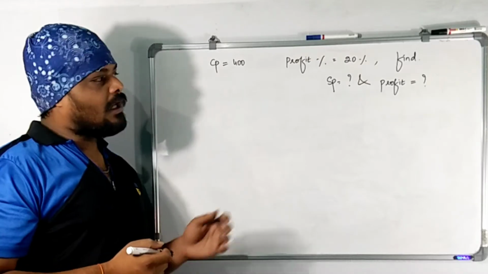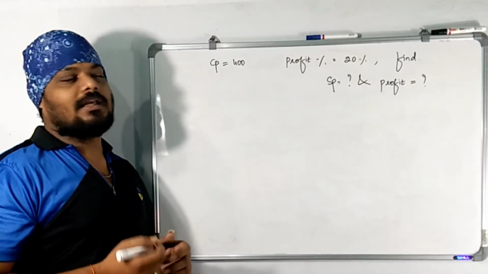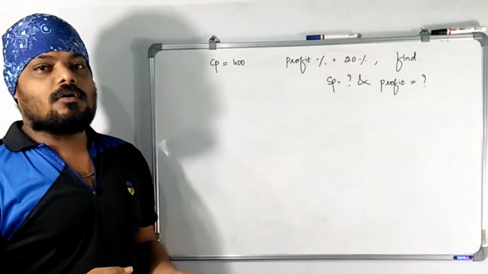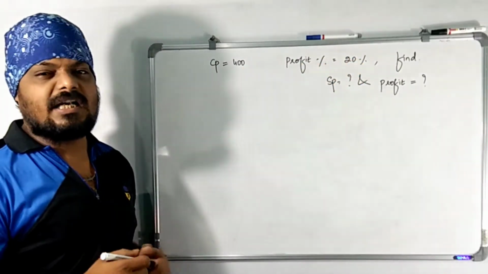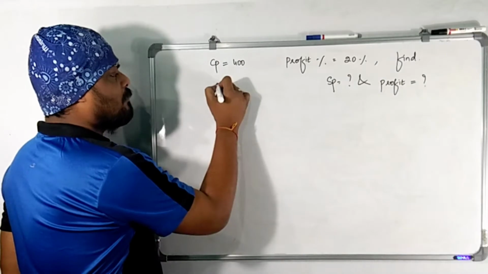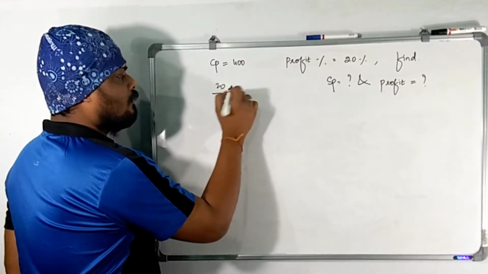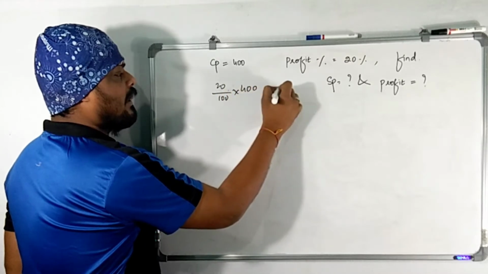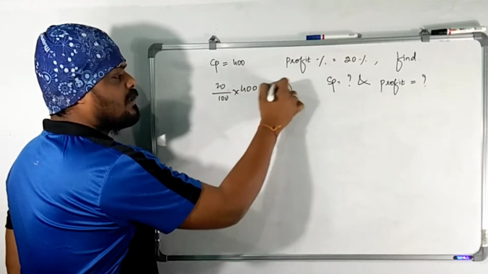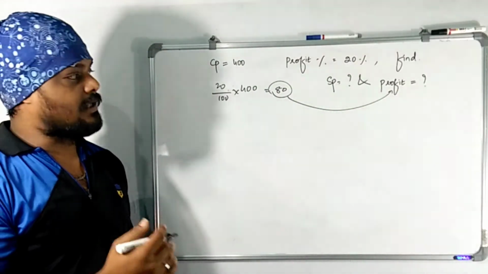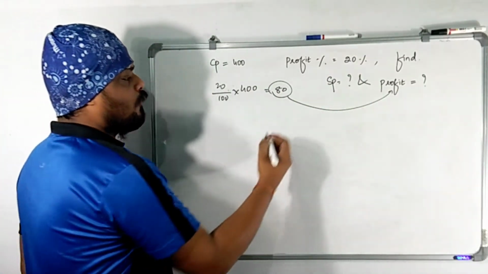If the question is of this type, we can calculate directly, as profit or loss is calculated upon the cost price. So 20% of 400 is what? 20% of 400 is 80 rupees. So 80 rupees is profit, and selling price is 480.